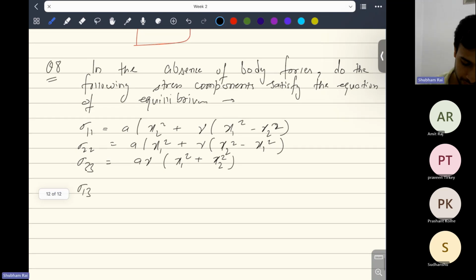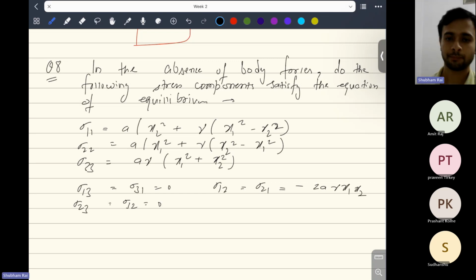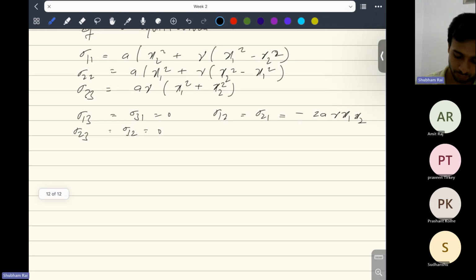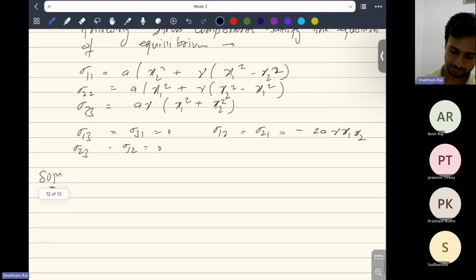And sigma 1 3 is equal to sigma 3 1 equal to 0, and sigma 2 3 is equal to sigma 3 2 is equal to 0. And sigma 1 2 is equal to sigma 2 1 is equal to minus 2A nu x1 x2. Okay, so you have to prove that in absence of body forces whether this satisfies the equilibrium equation. So let's see.